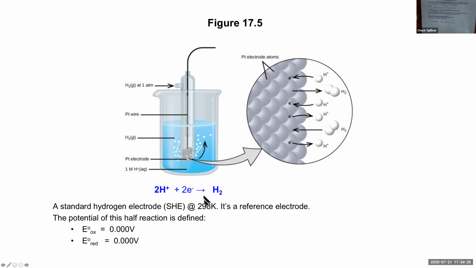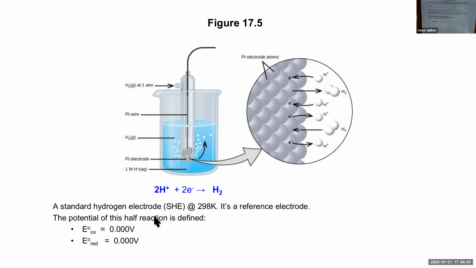But remember I said the reaction shown here for hydrogen is the reduction. But if we flipped it over and put the H2 on the left and the 2H plus on the right, it would be oxidation. Well, the E reduction is equal to minus the E oxidation and vice versa.